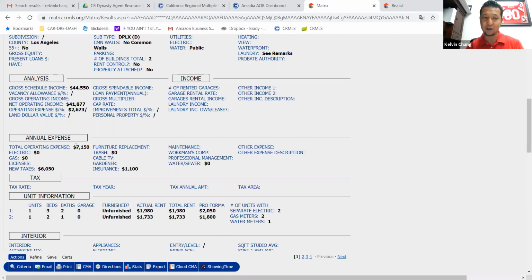They don't pay any trash, no water, no business license fee, no gas, electric, or gardener or management fee. Okay? Assuming that's true, there's $7,150 expenses. How can their net operating income be $41,000? They only label about $2,600 worth of expenses.